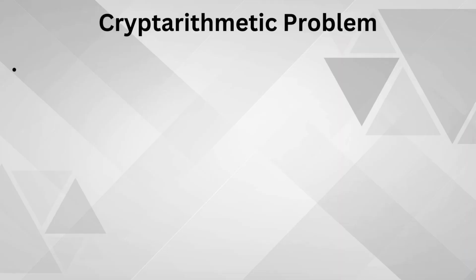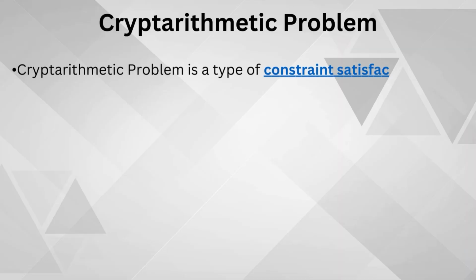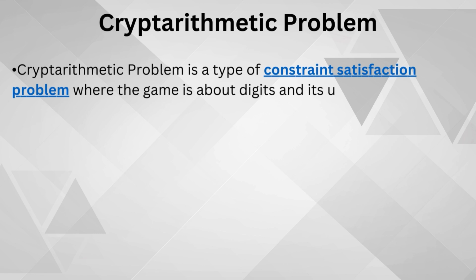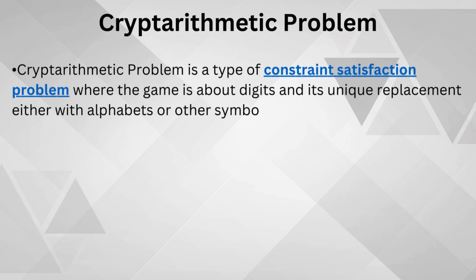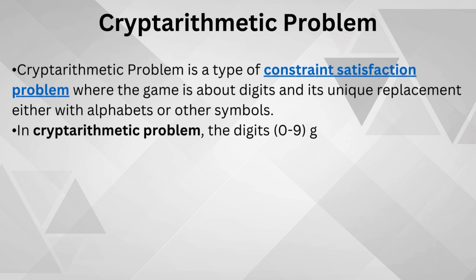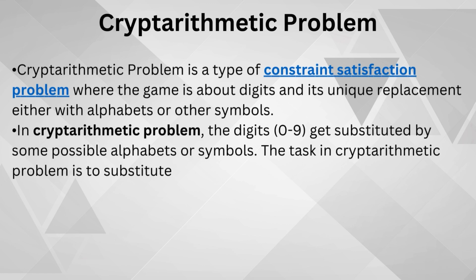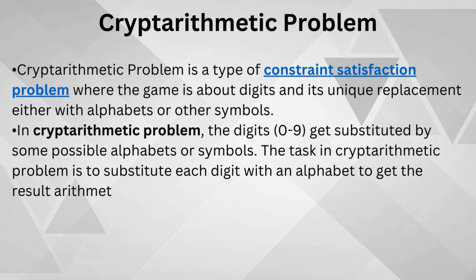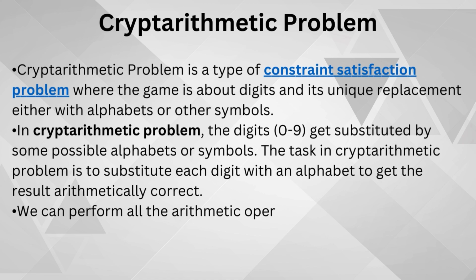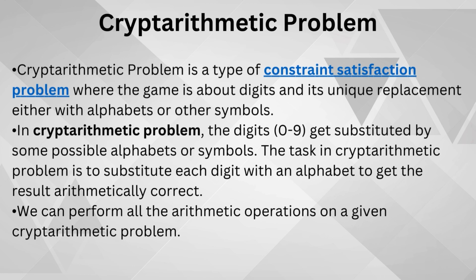So, what is a cryptarithmetic problem? A cryptarithmetic problem is a type of constraint satisfaction problem where the game is about digits and their unique replacement either with alphabets or other symbols. In a cryptarithmetic problem, the digits from 0 to 9 get substituted by some alphabets or symbols.